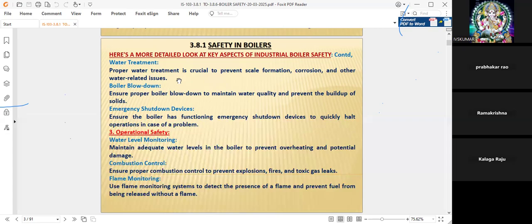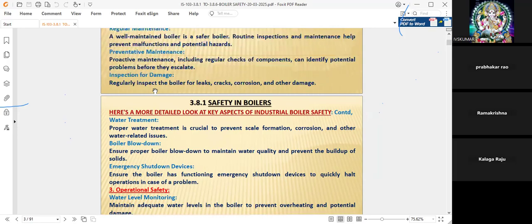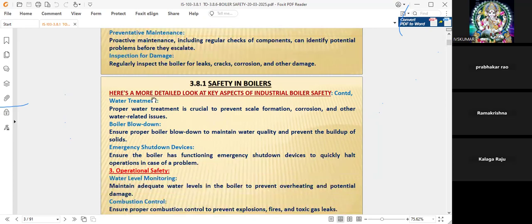But if the boiler blowdown properties are not good, that means there are some metallic parts in the test, so inside there is some corrosion and erosion to be taken care of. The boiler blowdown test is also a very important aspect in maintenance and inspection.